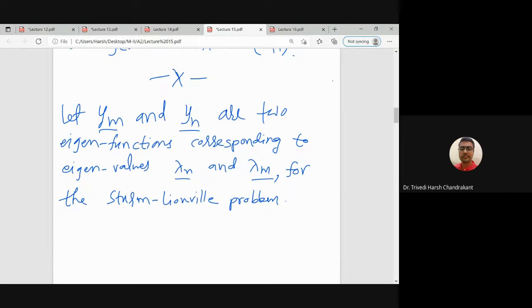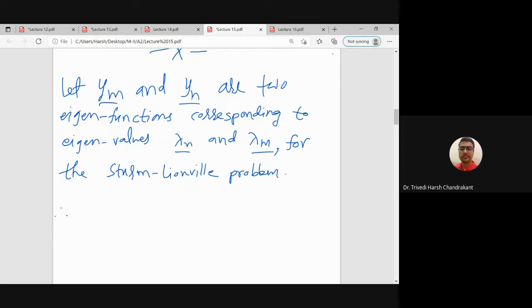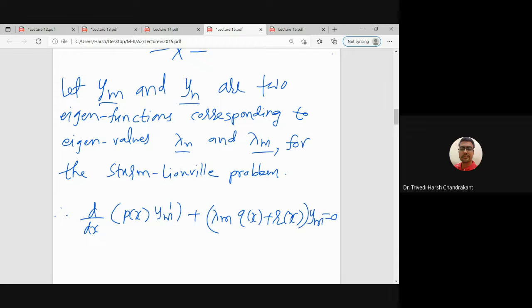So that means what? Let us write down the equation. ym and yn are solutions corresponding to lambda m and lambda n. So the differential equation is d by dx of (px times ym dash), plus (lambda m times qx plus rx) times ym is equal to 0.